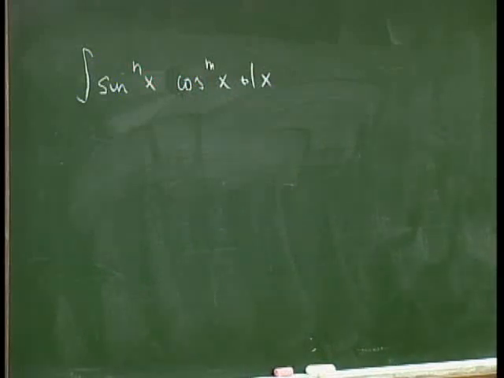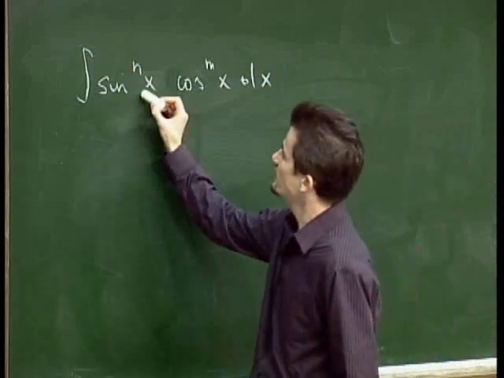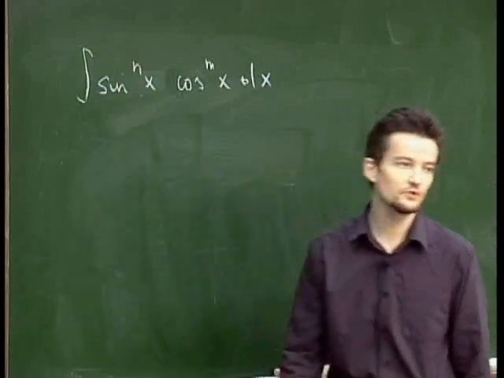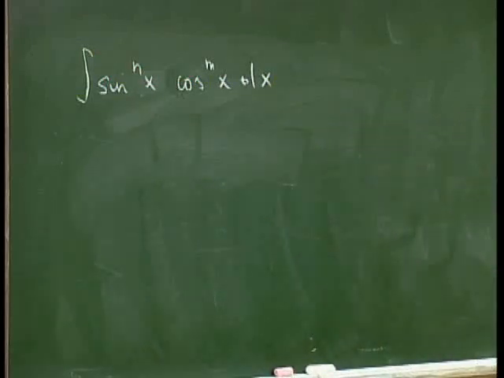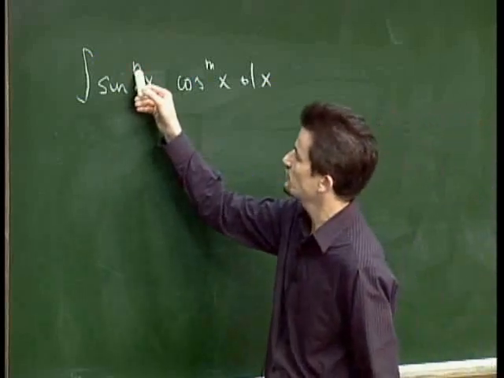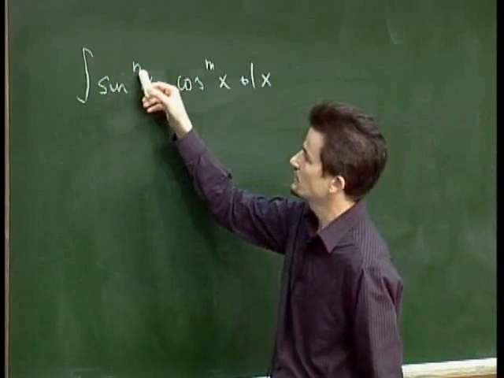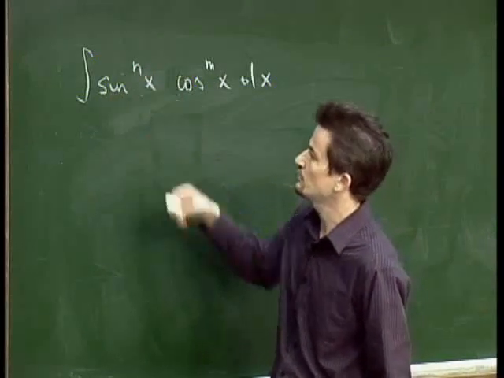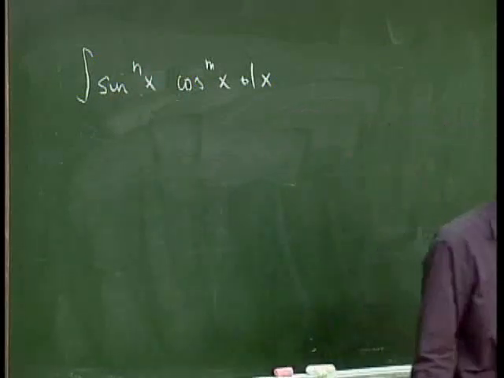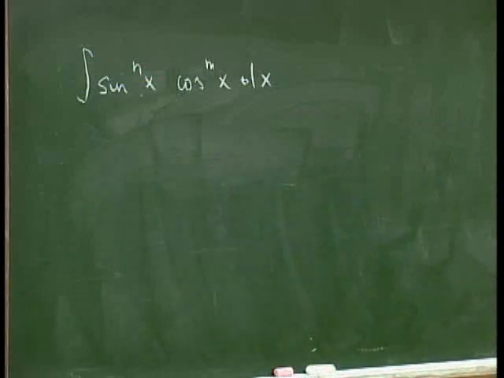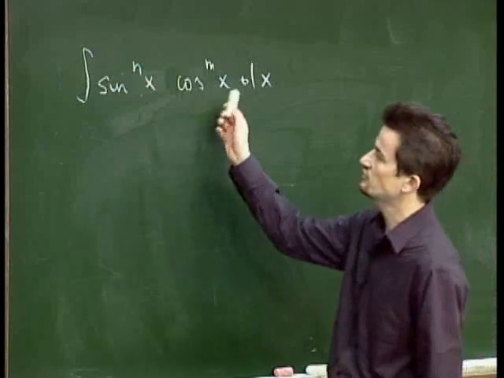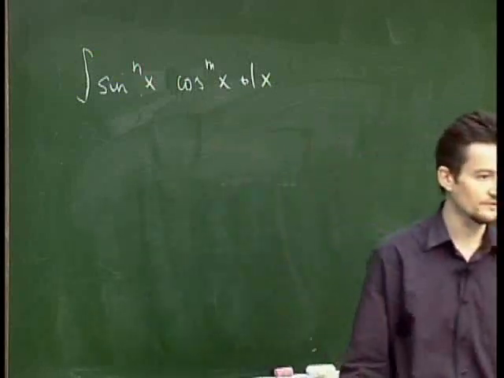Namely, if n is odd, then we take out one sine and write the rest. So if the power is odd, we can take out one sine, then the power will be even, and we can replace the rest using the formula sine square of x plus cosine square of x is equal to 1 in terms of cosine, and then we substitute u is equal to cosine of x.